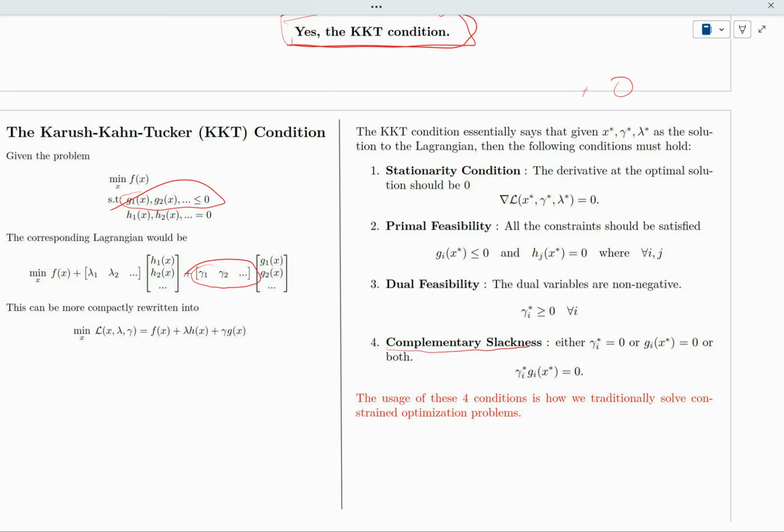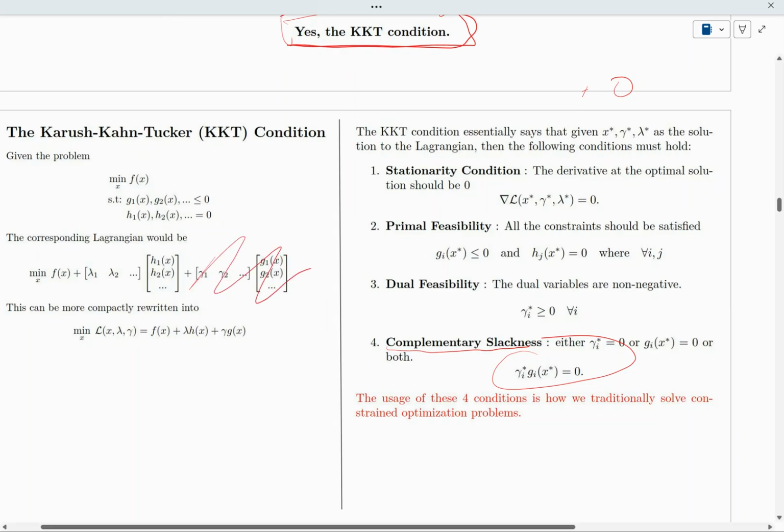It's saying that at the optimal solution, gamma 1 times G1 has to equal 0, gamma 2 times G2 has to equal 0. Every single one of these at the optimal solution will disappear, implying that this term disappears. That is the complementary slackness.